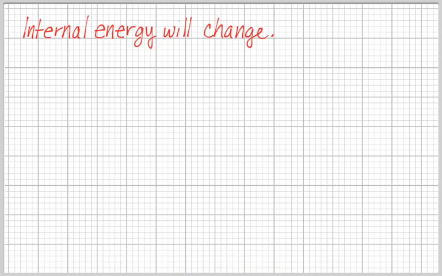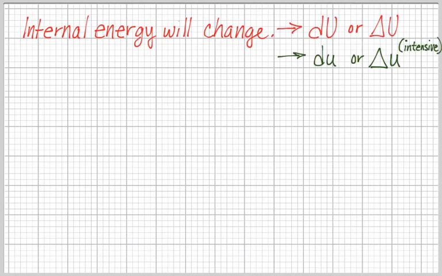if I know that the universe is basically energy and entropy, the internal energy of a system is going to change whenever a property changes, and those are potentially happening all the time. So internal energy is going to change.